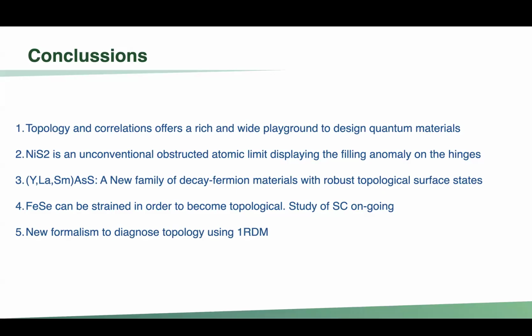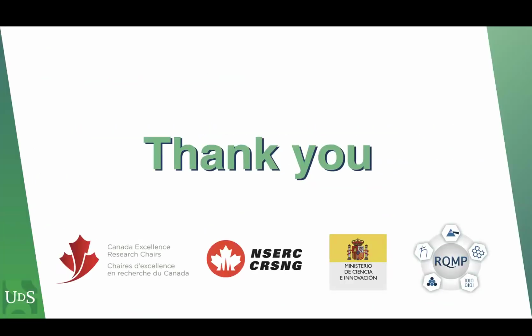We have presented a new family of heavy fermion materials with robust topological surface states. Iron selenide can be strain-induced topological, and the study of superconductivity is ongoing. And I have presented a new formalism to diagnose topology using the one-body reduced density matrix. I thank you all for your attention.